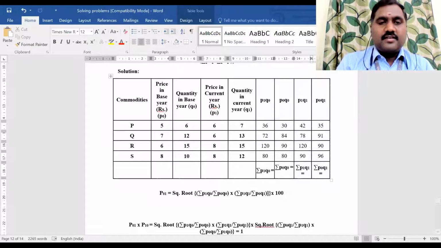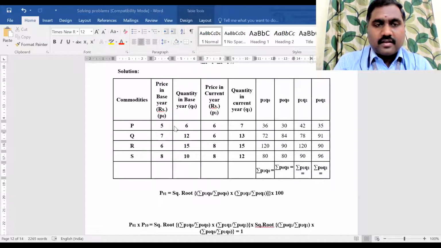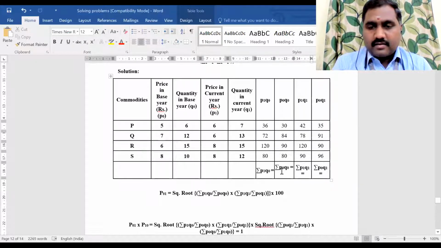Okay, anyone can tell me the total value? P1 Q1 is 96. So it's 236. Just a minute. First one, right?